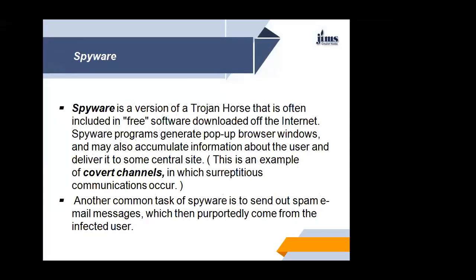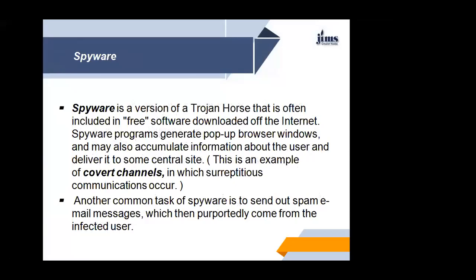Spyware is a version of a Trojan horse that is often included in free software downloaded off the internet. Sometimes you find that a particular software is paid, but somewhere it is offered so that you can download it free. A spyware program generates pop-up browser windows and may also accumulate information about the user and deliver it to some central site.